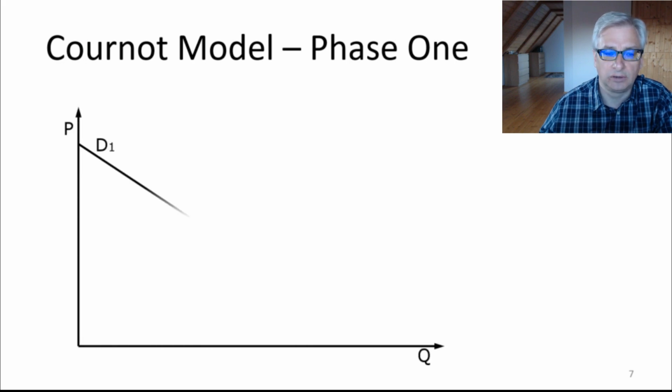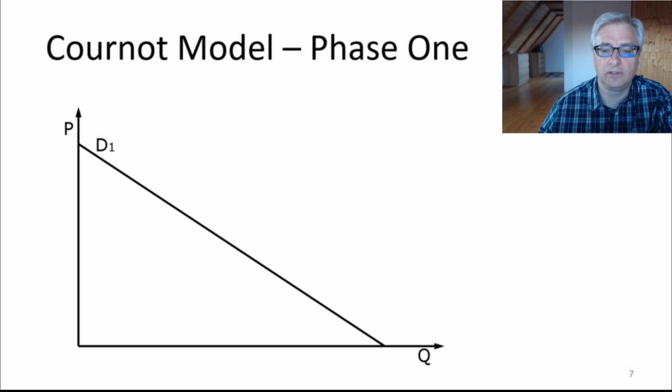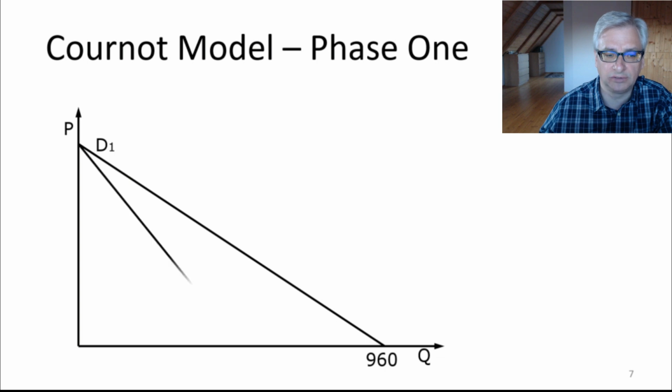We've got market demand, which is D1, and let's think what would be the production of the first producer based on the assumption that the second one doesn't produce anything, so the production of the second one is zero. If that's the case, then the first producer is like a monopolist, so we would have this marginal revenue here, and we are looking for the intersection between marginal revenue and marginal cost.